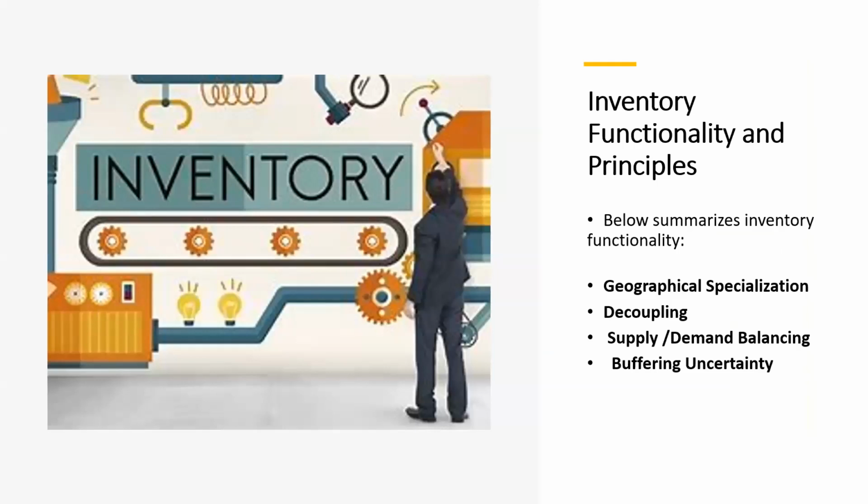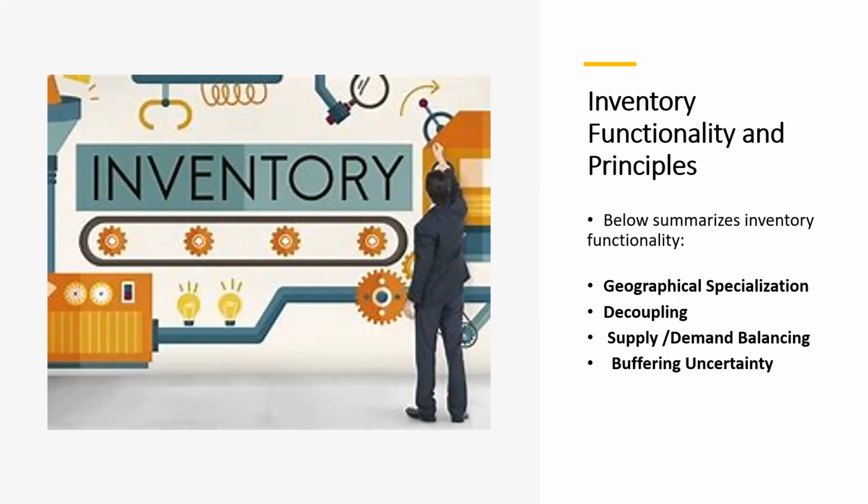Now, let's look at the principles. For instance, when you look at geographical specialization, it allows geographical positioning across multiple manufacturing and distributive units of an enterprise. An inventory maintained at the different locations and stages of the value creation process allows specialization.